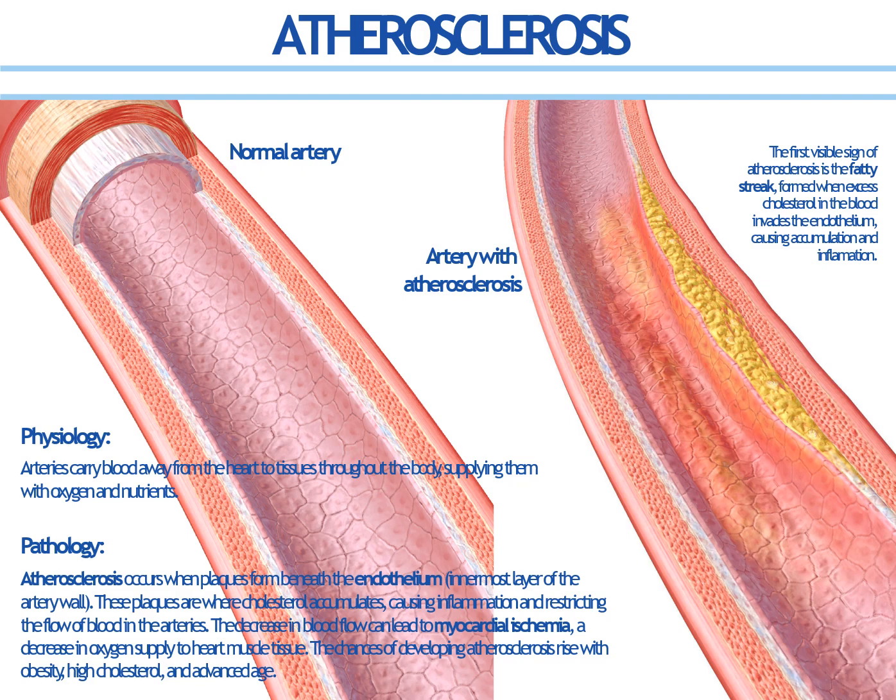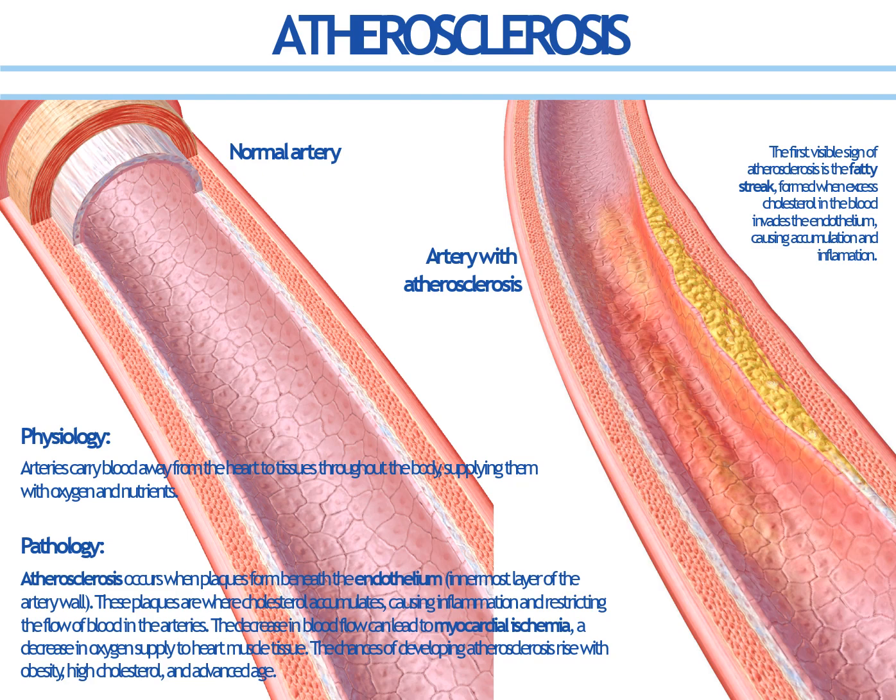In terms of the normal physiology of the arteries, arteries carry blood away from the heart to tissues throughout the body, supplying them with oxygen and nutrients. But in the case of atherosclerosis, the pathology occurs when plaque forms beneath the endothelium, which is the innermost layer of the artery wall.